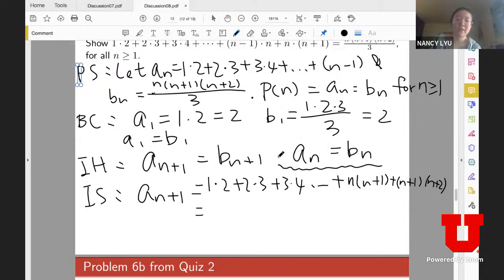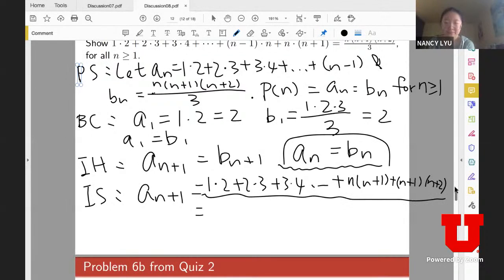We can always use the hypothesis we have, this one. So what is our A of n? You have A of n plus 1 equal to this chunk.